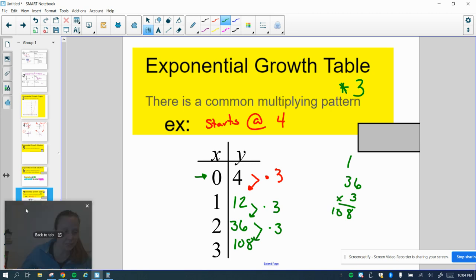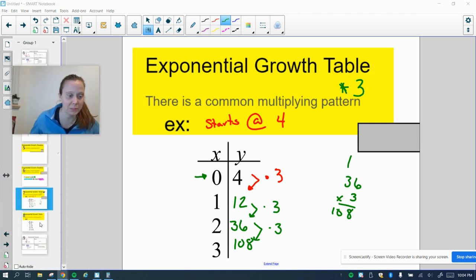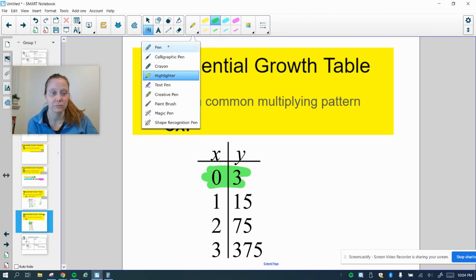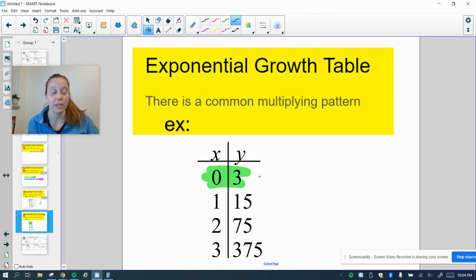Let's look at one more example. Well, maybe 2 more examples. Here on this example, we're noticing that it starts at 3. Can you describe the multiplying pattern? What is it multiplying by every time? Perfect.